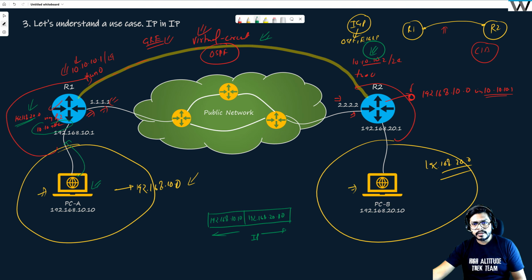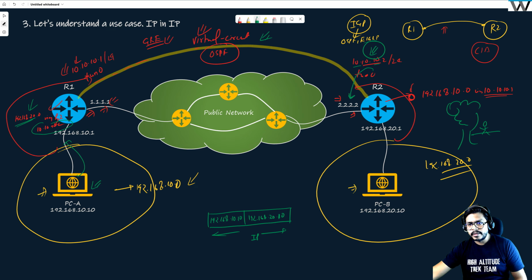Does that mean I cannot send the packet? No, you can, because at the end of the day, this 10.10.10.2 is configured on 2.2.2.2. It is as good as saying that there is a tree, and there is a branch of this tree, and you are sitting on this branch.